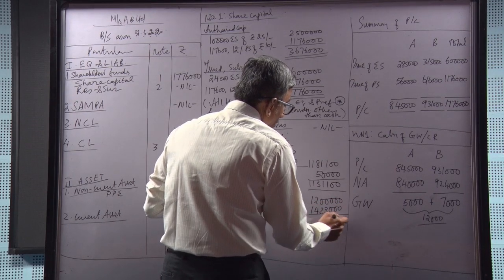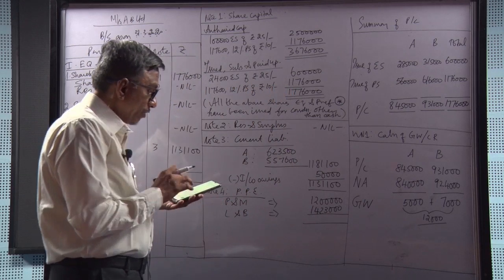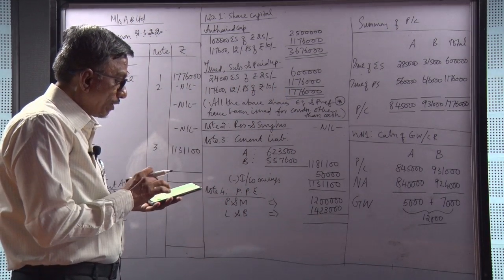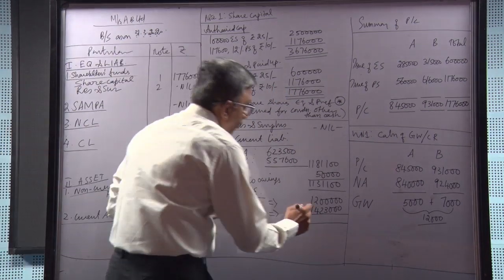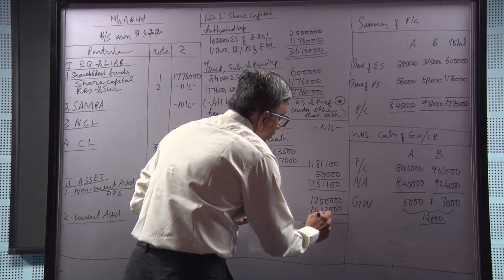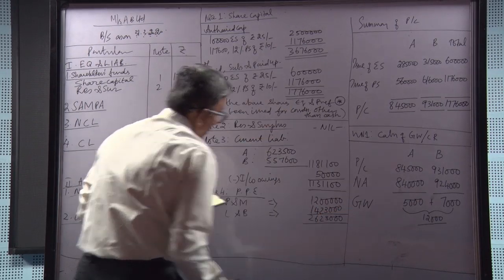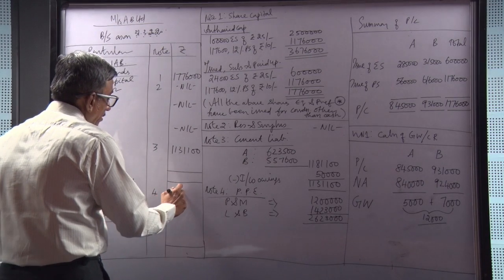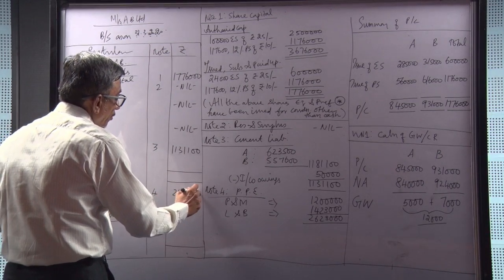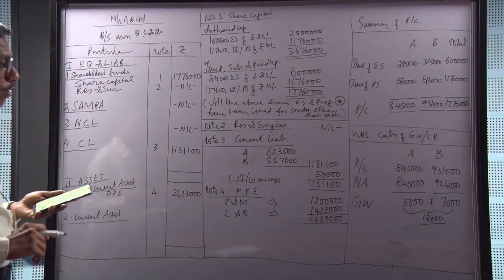So this is the total of property, plant and equipment. So 12 lakh plus 14,23,000 equals 26,23,000. So that should be shown here under non-current assets, property, plant and equipment.